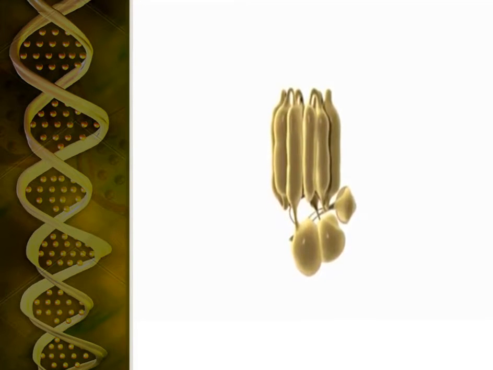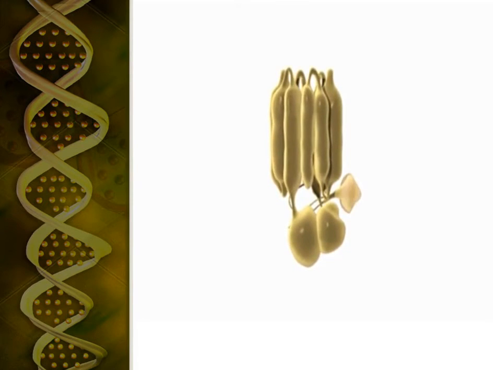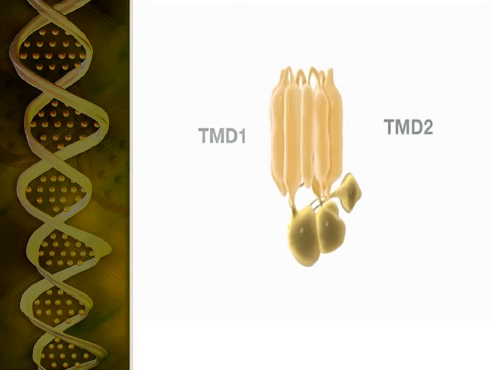CFTR is a complex glycoprotein composed of 1,480 amino acids. CFTR has a regulatory domain that contains phosphorylation sites. The CFTR protein has two nucleotide binding domains, NBD1 and NBD2, and two transmembrane domains, TMD1 and TMD2.